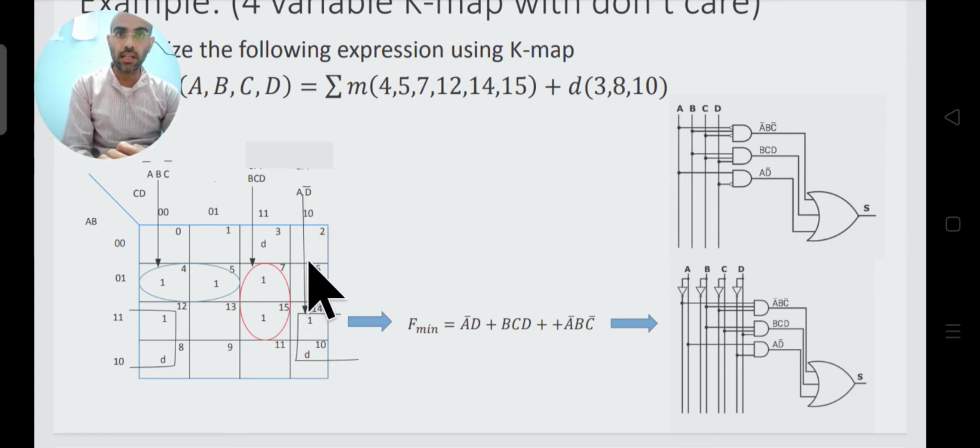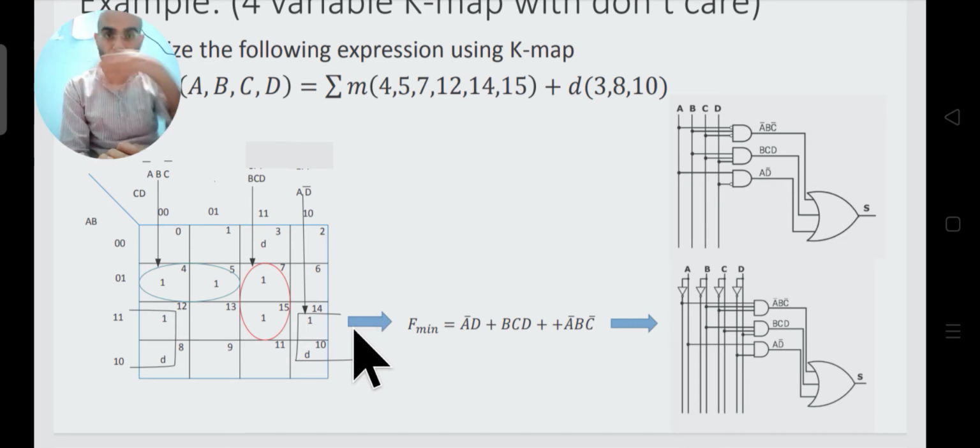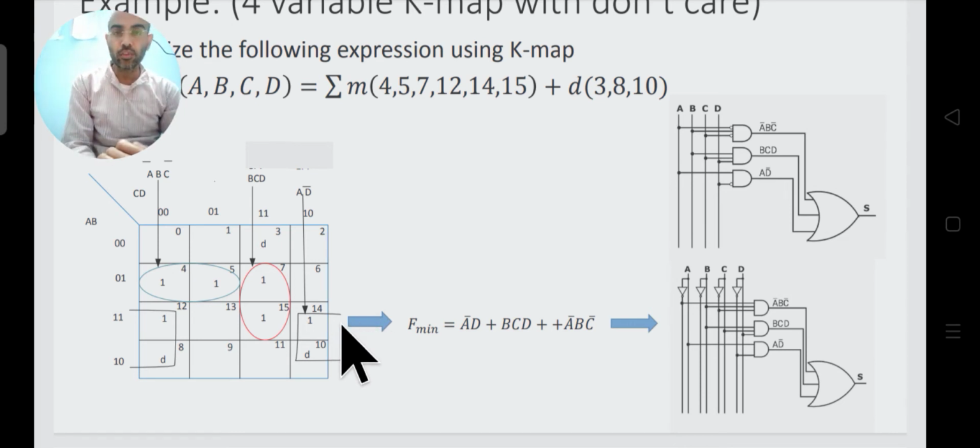Okay, so similarly we can form other groups, and after forming the groups we can write the term corresponding to that. Now we have already formed the quad. Now we will try to form some other quads as well. So is it possible to form quads, octets?